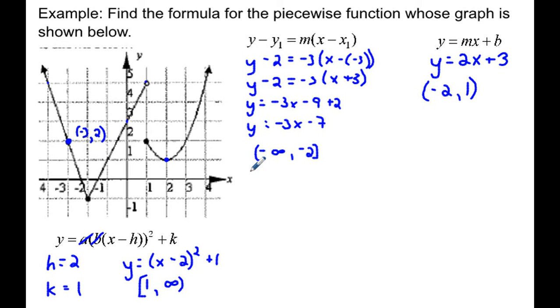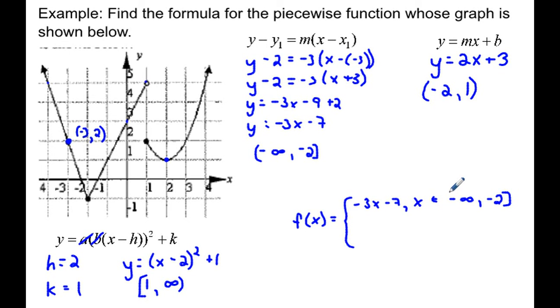Now, once I have those three equations, I can write this in my piecewise format. So I'm going to have that my equation, f of x, is equal to, now I'm going to have 3 steps, so I need to make sure I make my bracket large enough. The first step is going to be negative 3x minus 7. And that's for when x is between negative infinity and negative 2.